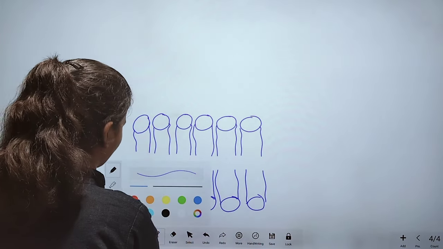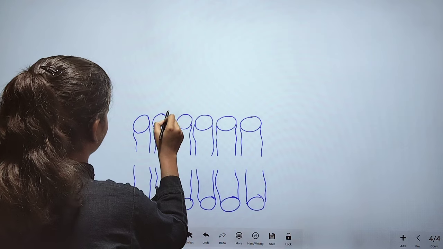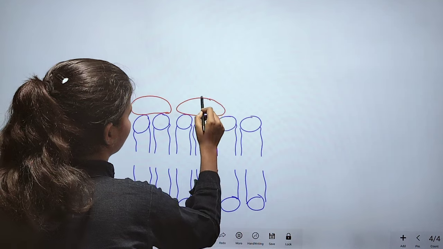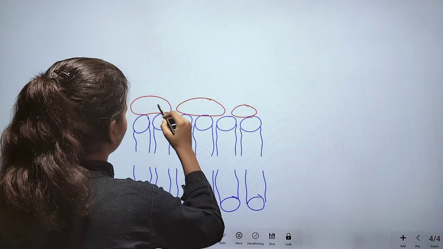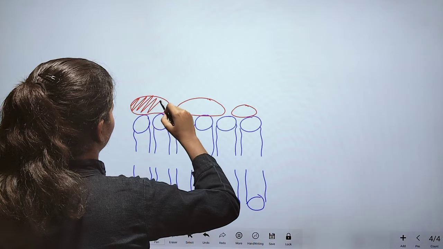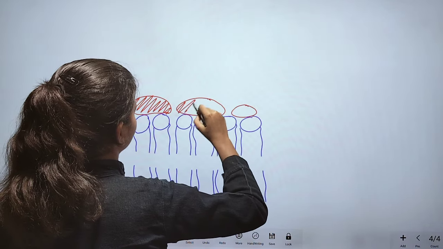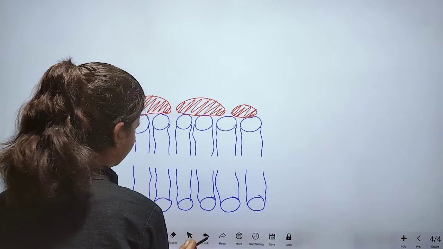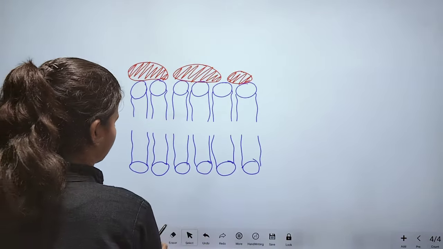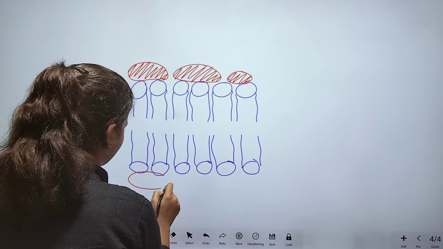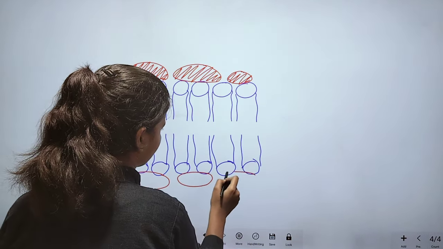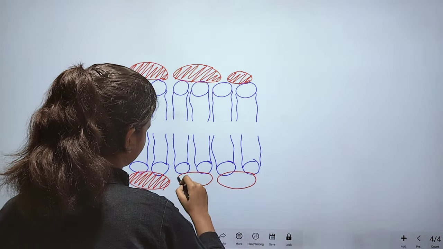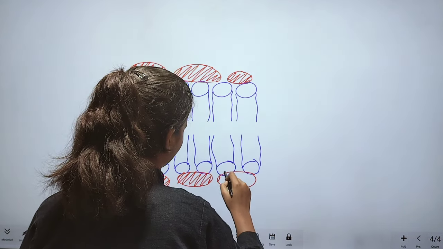This one is the protein layer. This red one is protein.